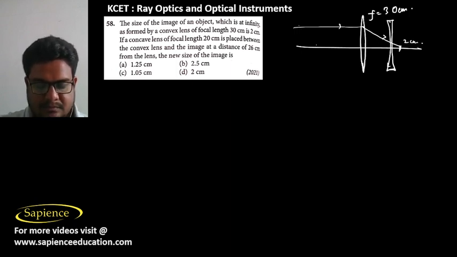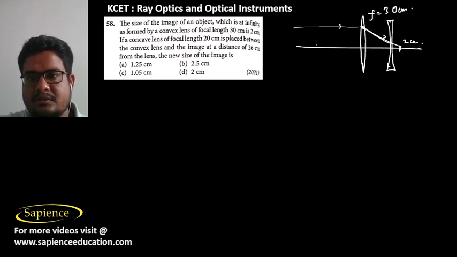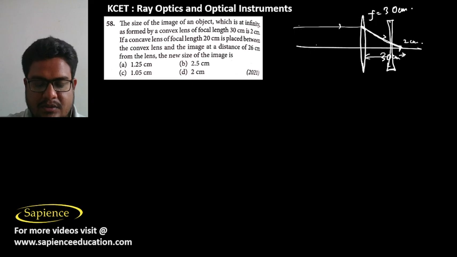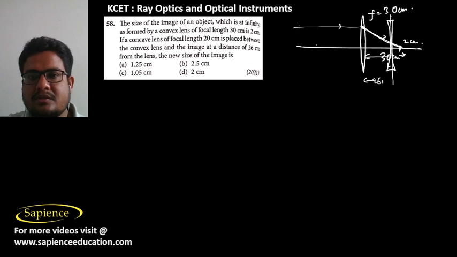So the image will be formed at 30 centimeter when there is no concave lens. But when the concave lens is placed at 26 centimeter from this convex lens, this image is acting as the virtual object.